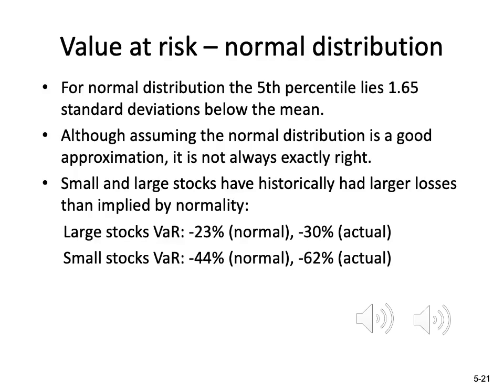So basically, the value at risk shows in the 5% extremely negative event, the large stock portfolio may lose more than 23%. The small stock portfolio may lose more than 44%. But when we look at the real historical return numbers, in the 5% most negative returns, large stock portfolio could lose more than 30%, while the small stock portfolio could lose more than 62%. So the value at risk always underestimates.